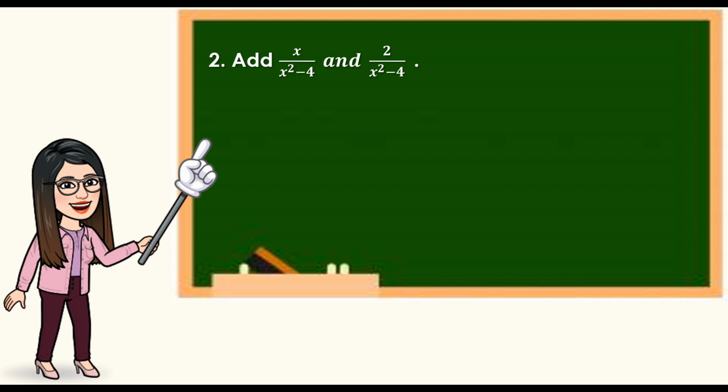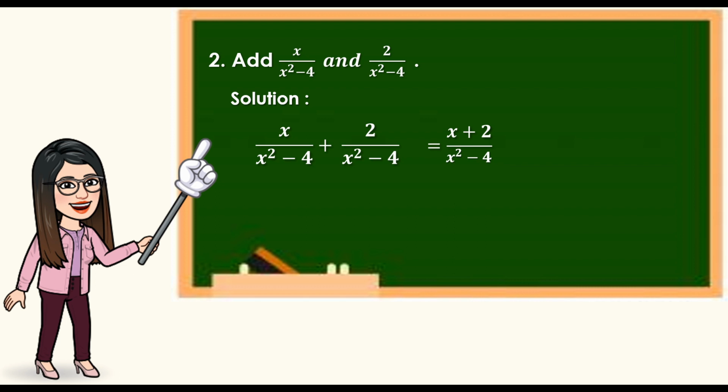Next, add x all over x squared minus 4 and 2 all over x squared minus 4. Let's solve. X all over x squared minus 4 plus 2 all over x squared minus 4 equals x plus 2 all over x squared minus 4.